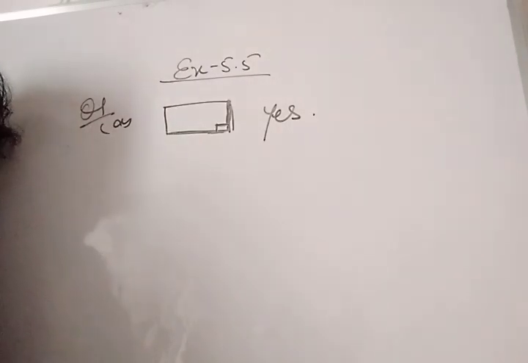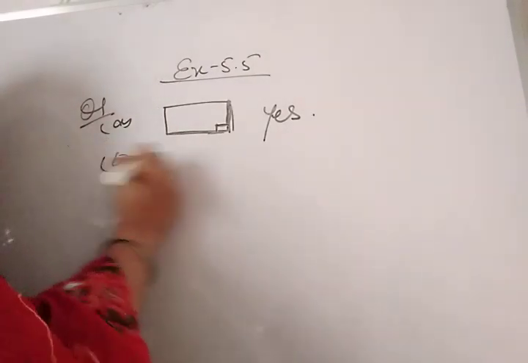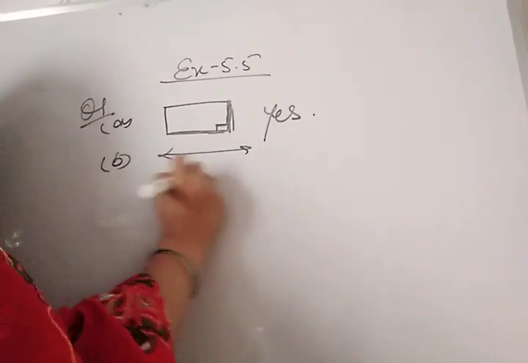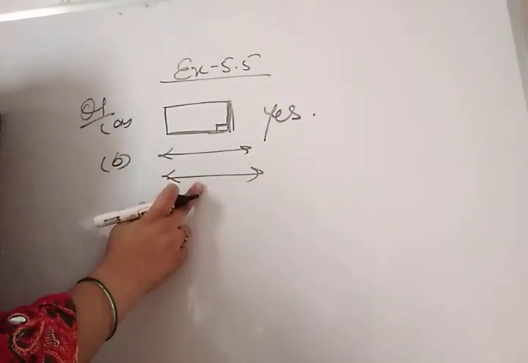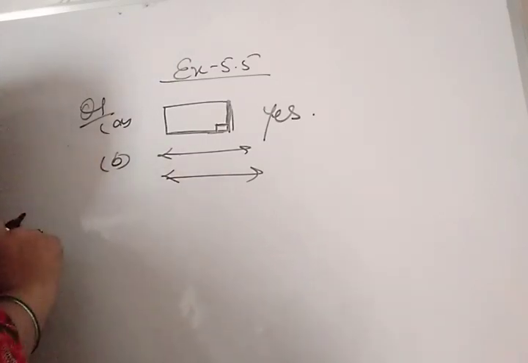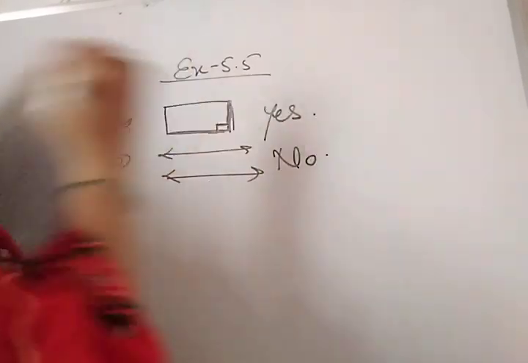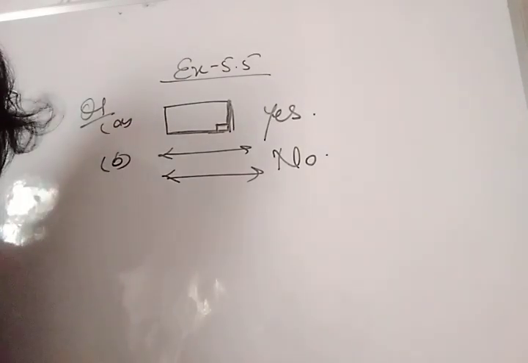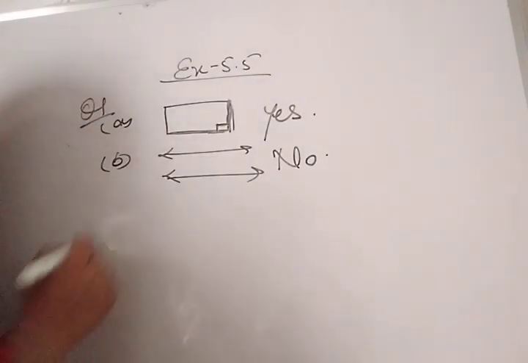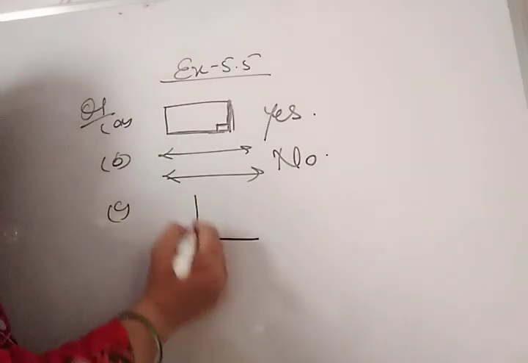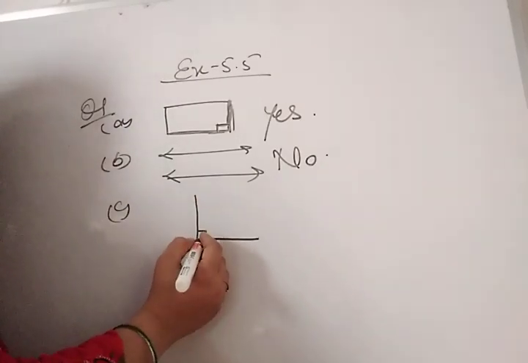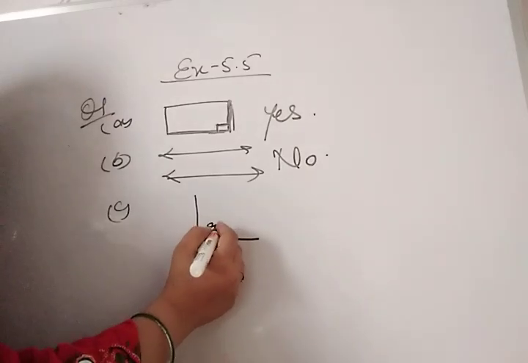Now the lines of a railway track. These are the lines of a railway track. These lines are a pair of parallel lines, not perpendicular lines. So this is no. Now the line segments forming the letter L. The line segments which are forming letter L, they are also making 90-degree angle with each other.